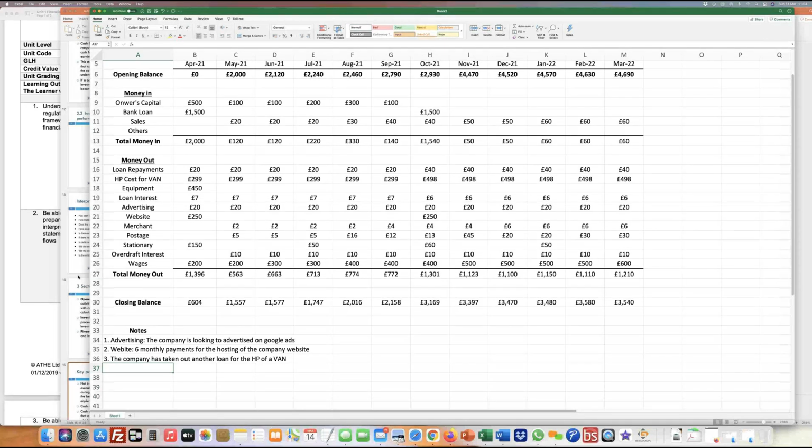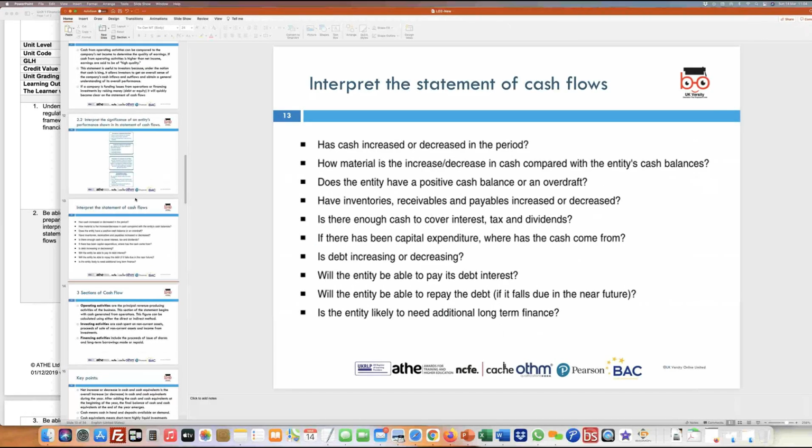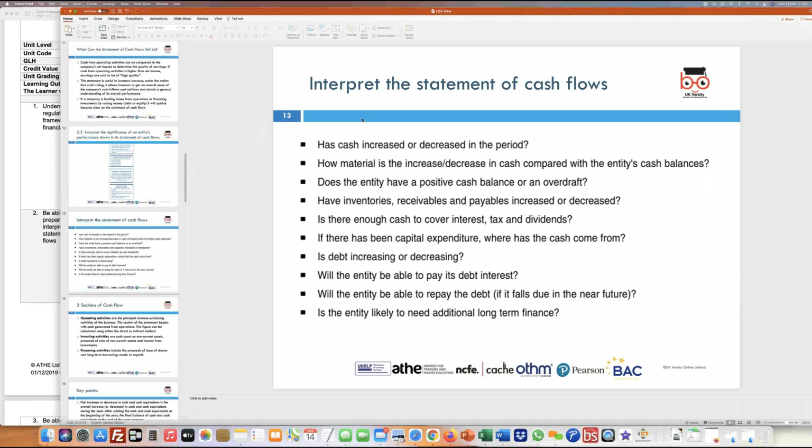Then part 2 of the task would be to interpret this statement with regard to what you presented in task 2.1. That would be a practical way of explaining and interpreting the statement of cash flows.